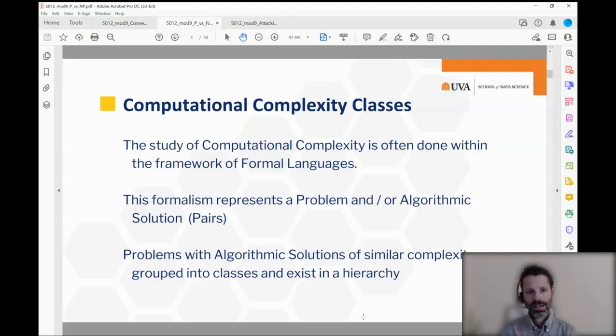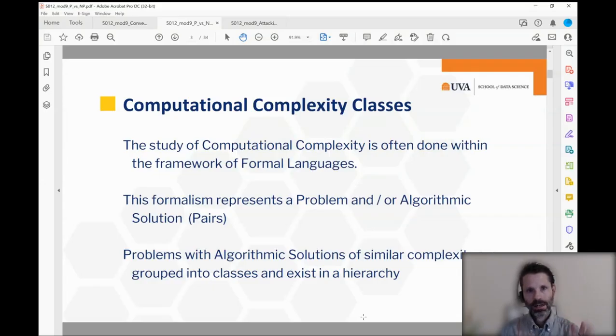It's important to note before we dive in that this is a very formal and theoretical area of study in computer science, and it's usually posed and defined within the framework of formal languages. This formalism gives us the ability to represent problem solution pairs in a very mathematical and formal sense.